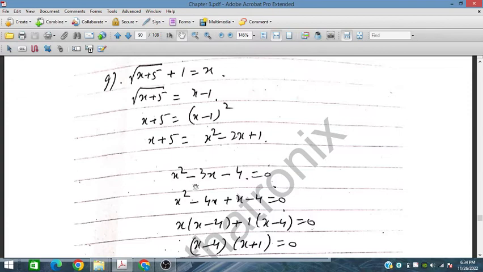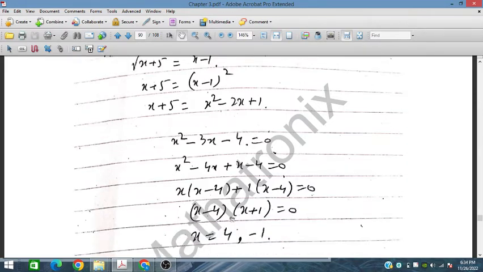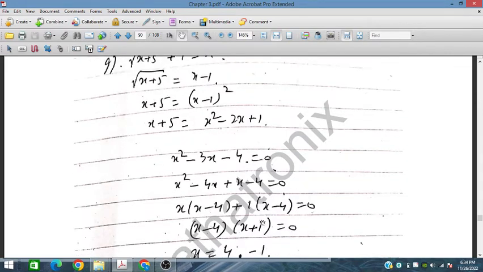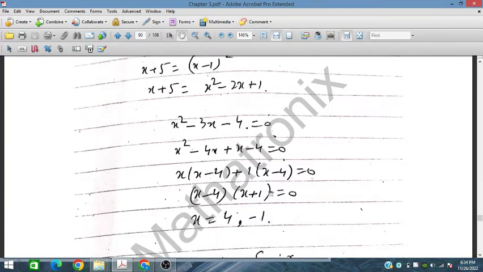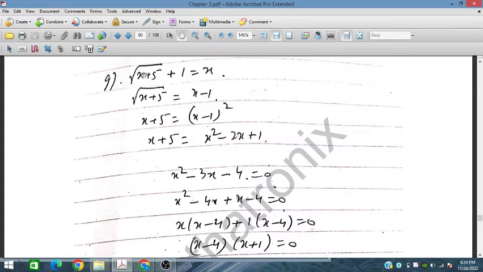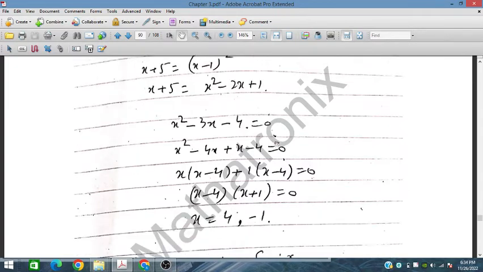By rearranging it on one side, x square minus 3x minus 4 equal to 0, and now factorize it, we have obtained this. Now place the value of x equal to 4 or minus 1, so place 4 here. So placing 4, it becomes 9, under root 9 is equal to 3. 3 plus 1 is 4, so the x is 4. So this is satisfying. 4 is satisfying.